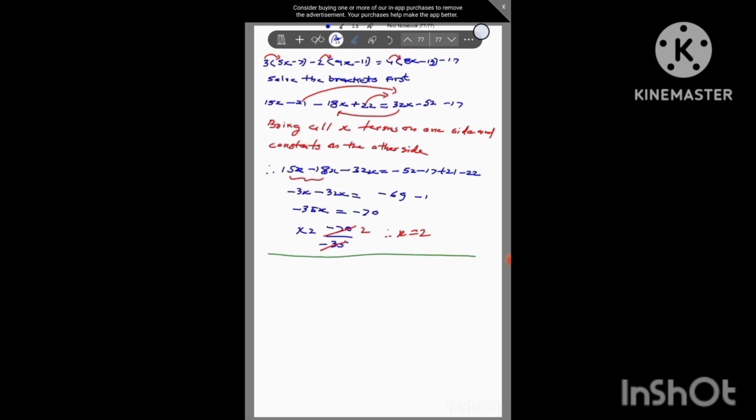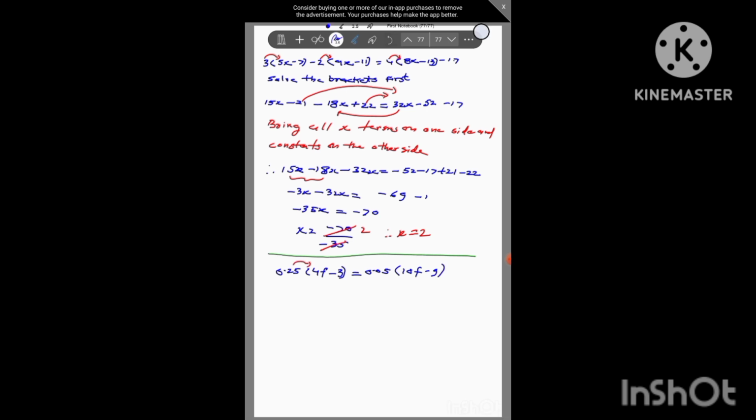This is one example, and another is where decimals are involved. 0.25 is 1 upon 4, but we should also have the practice of solving with decimals, like 0.25, 0.05, 0.5.